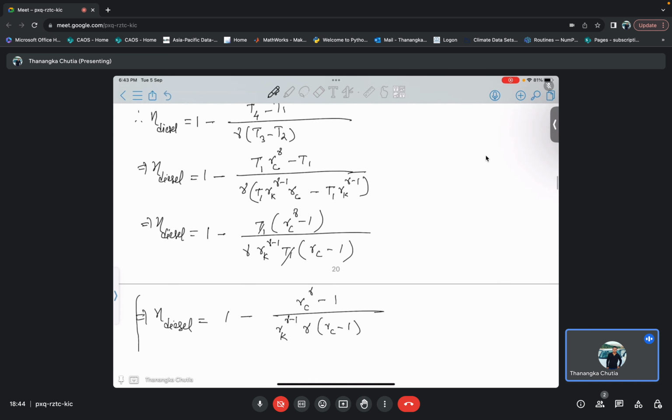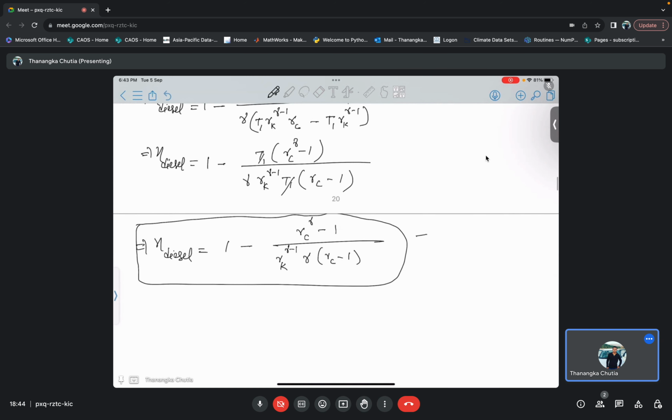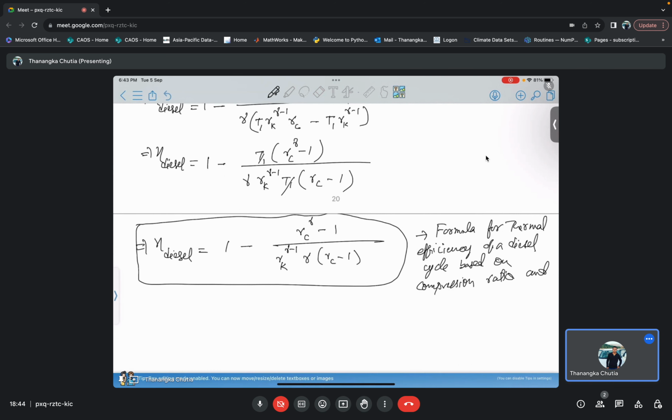Okay, so this is another formula for the thermal efficiency of a diesel cycle based on compression ratio and cutoff ratio.